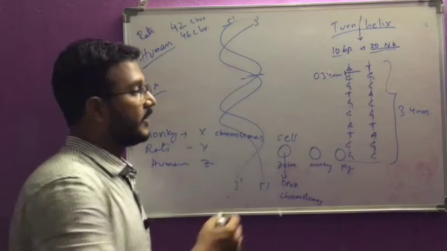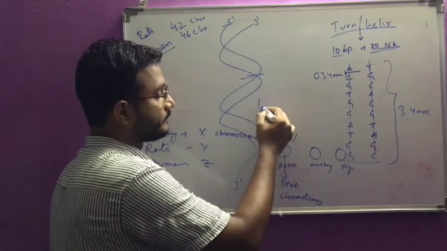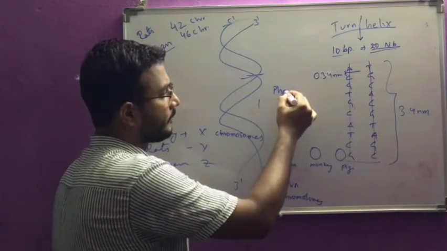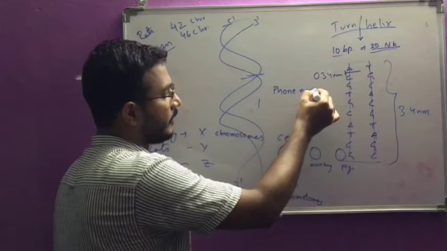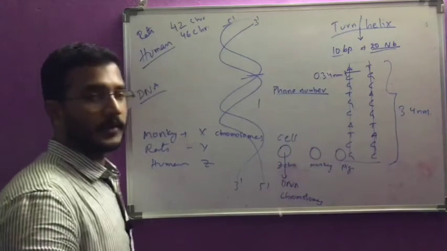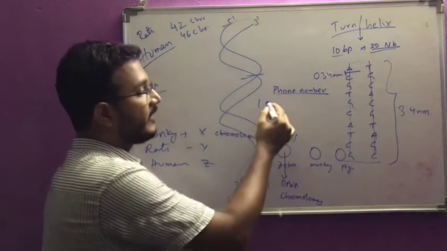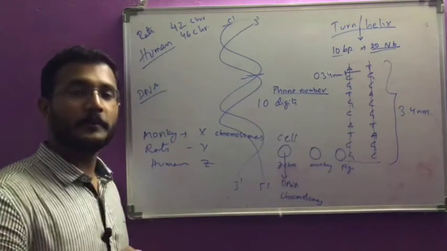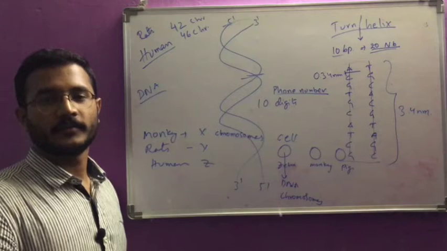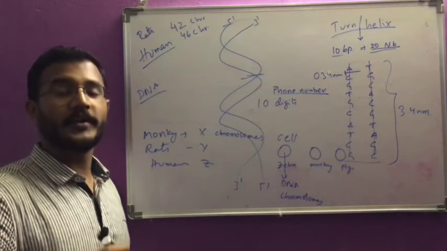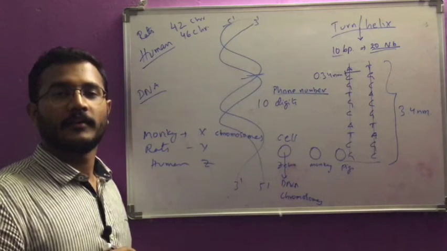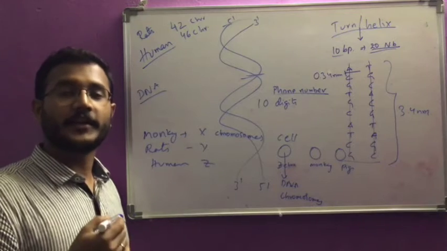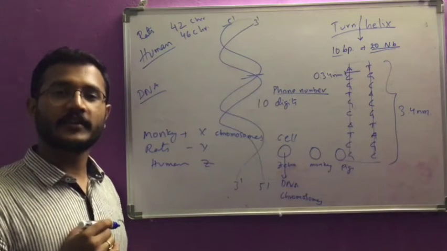Like that, for example, we have a phone number. It has 10 digits only. But your phone number is not the same as my phone number. How many phone numbers are there? At least 30 crores or 40 crores phone numbers are there.